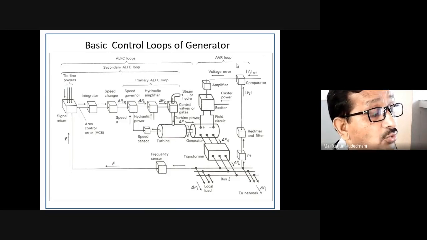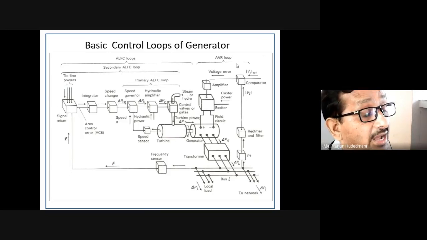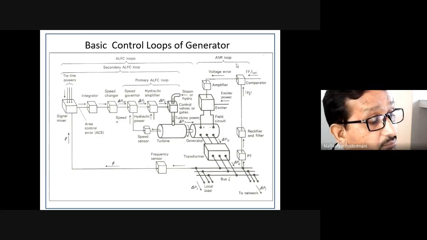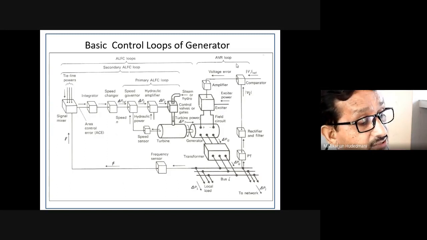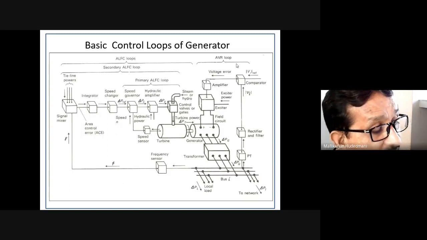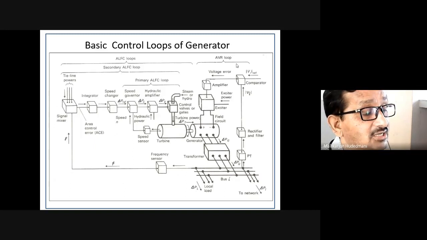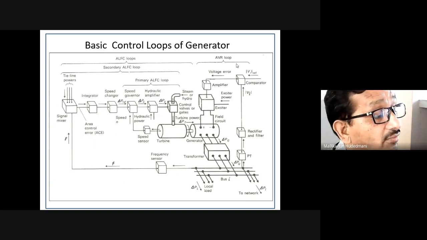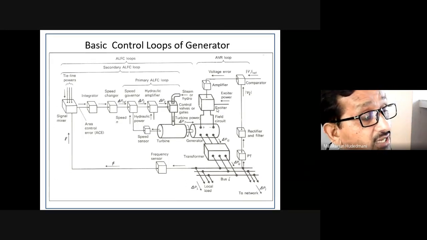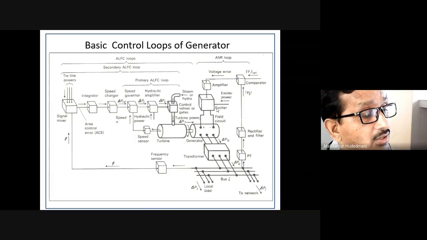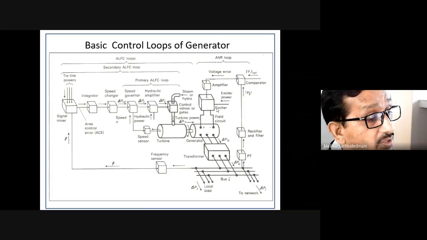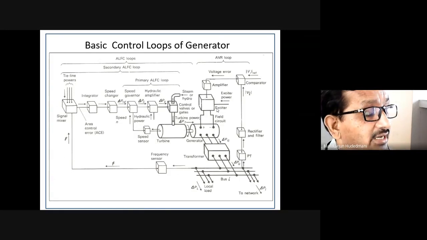ALFC and AVR have to work hand in hand so that there is a proper balance of generation of active and reactive power at a certain specified voltage, keeping the frequency at the desired steady state. That is the role of the basic control loops under the AGC, automatic generation controller, which supervises these things at generators.